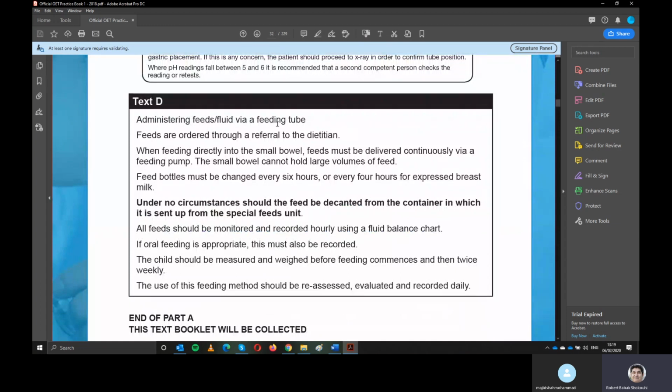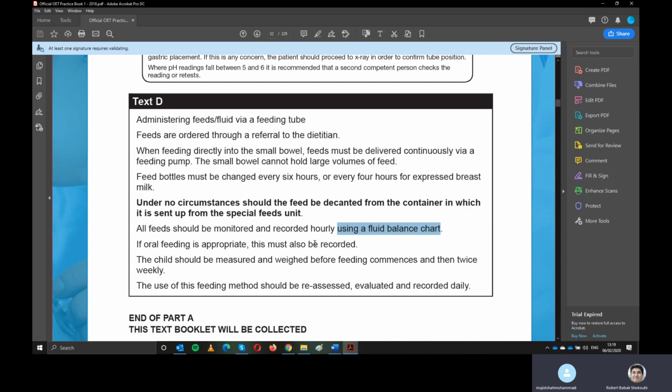Administering feeds or fluid via feeding tube. Feeds are ordered through a referral to the dietitian, so that was another question. When feeding, feeds must be delivered continuously through a feeding pump, cannot be large volumes, feed bottles, express milk, and all feeds need to be monitored using a fluid balance chart.